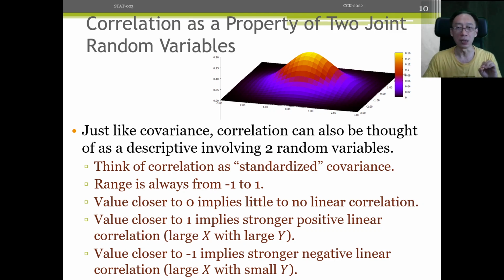So correlation is our savior. By dividing by the standard deviation, we standardize all covariance, no matter whether you find the covariance of points with dollars or Singapore dollars with Japanese yen, US dollars with Europe's euros, and any covariance when we standardize it using correlation can be nicely interpreted because correlation standardizes the resulting descriptive value to between -1 to 1 all the time for any pair of x and y.